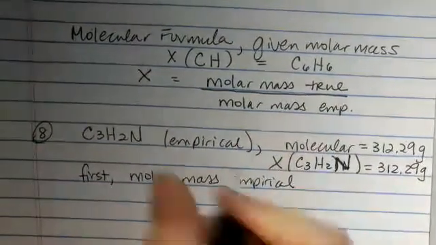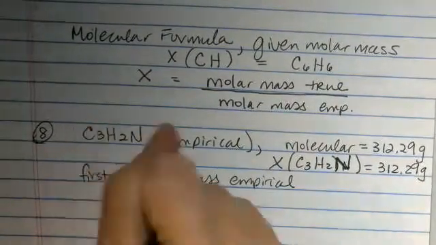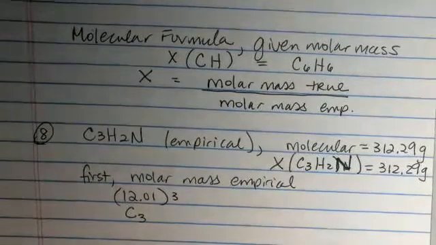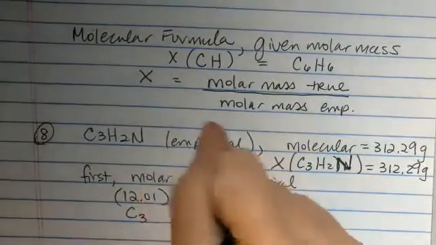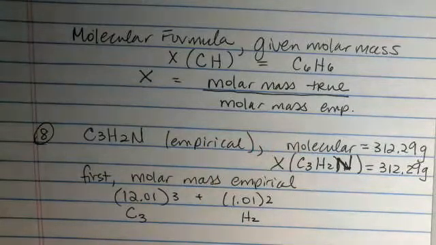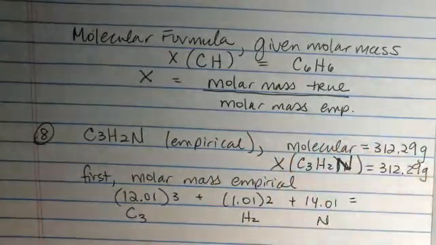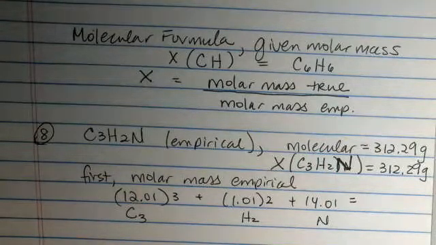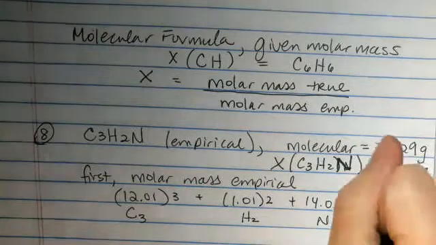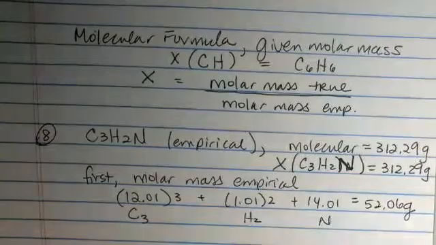So when I look at this, carbon is 12.01, but I need to take that 3 times because the carbon has a subscript of 3. Hydrogen is 1.01, but I have to take that twice since it says H2. And then the nitrogen molar mass from the periodic table is 14.01. So 14.01 plus 2.02 plus 36.03, I get 52.06 for the mass of that repeating piece.